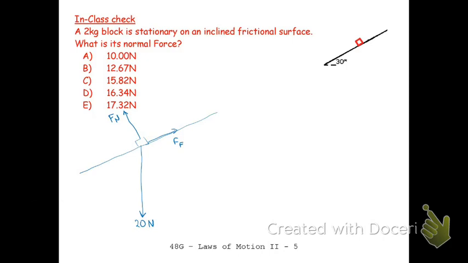So, if I'm only concerned with finding the normal force, draw your axis perpendicular to the frictional force. So draw this axis that is perpendicular to the frictional force. This is actually in that plane, so it's its own component. Then look down here.